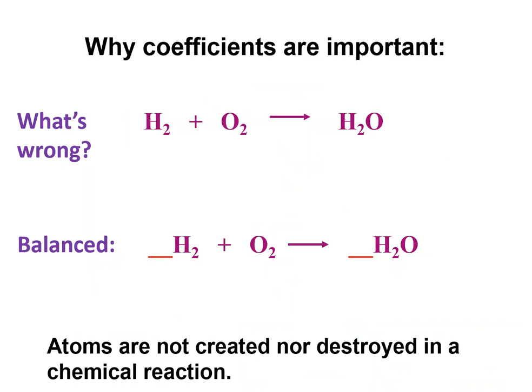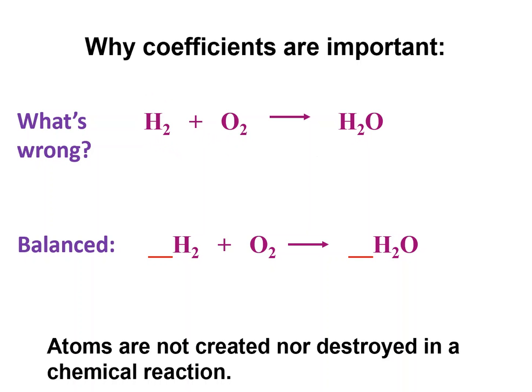Let's look at why we need coefficients, what they do for us and how they are needed to explain what's happening. So here's the top reaction, and this is a real chemical reaction: when hydrogen burns, burning means it's combining with oxygen, it forms water.